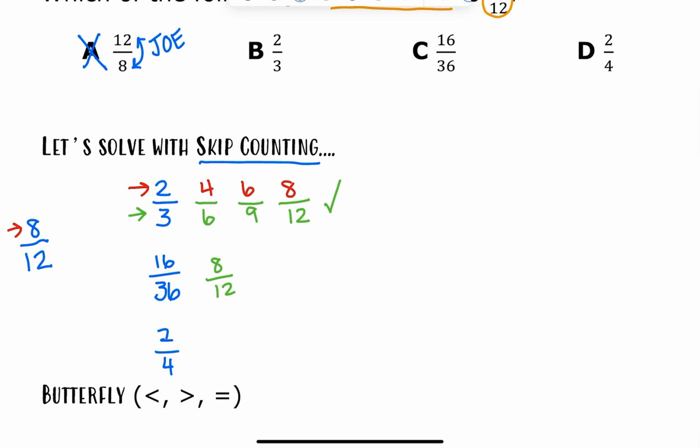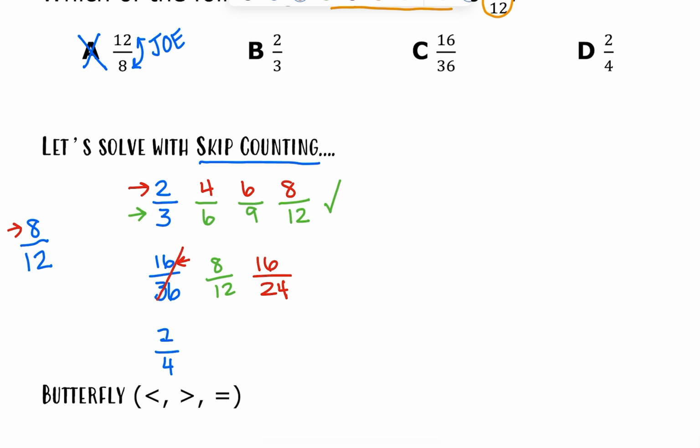On the top, I'm going to count by 8. So 8, 16, and that's right here. But on the bottom, it's 12, 24. Since those two bottom numbers are not the same, I have 16 over 24 and 16 over 36. Those are not equivalent. So that's not going to be my answer.